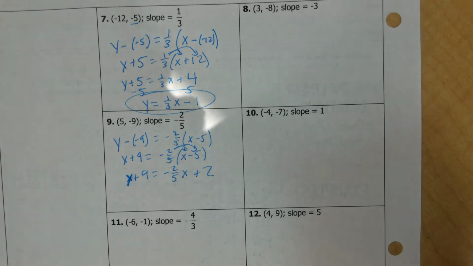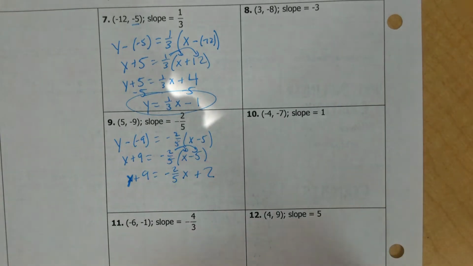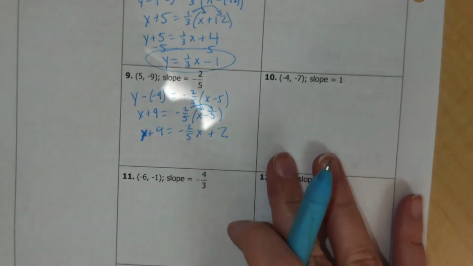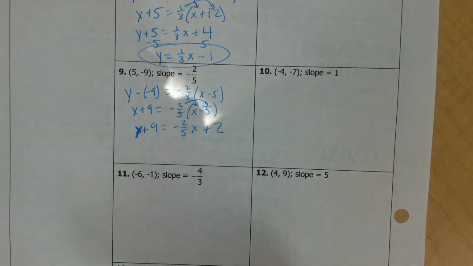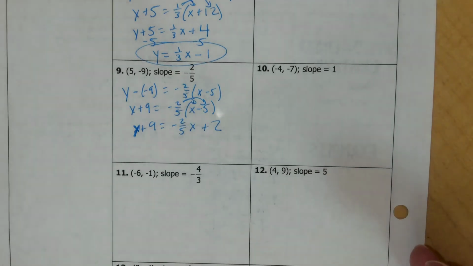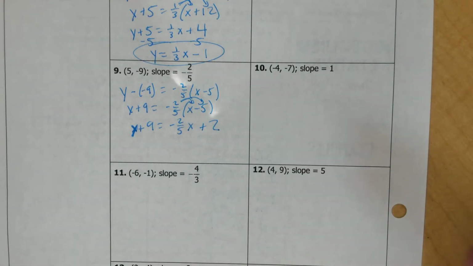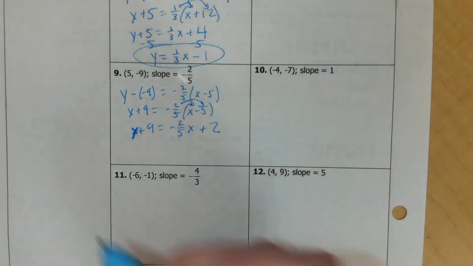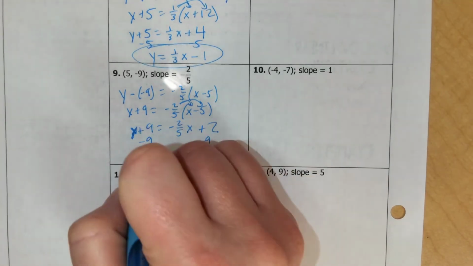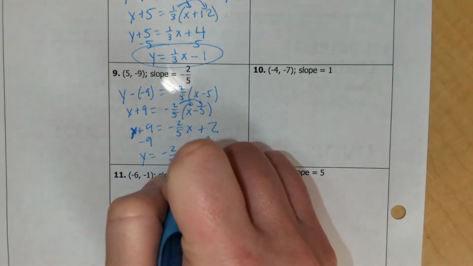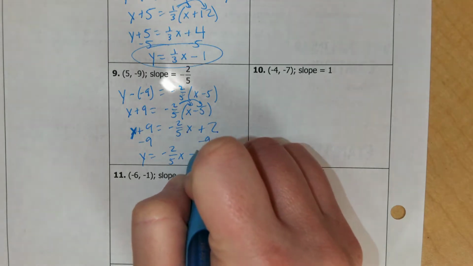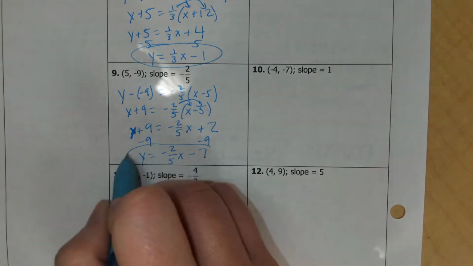That's why it's probably easier to go ahead and just put it into y-intercept or slope-intercept form, because it does take fewer steps, and we know that we can graph straight from the slope-intercept form and get more information out of it than we can in standard form. So I'm going to go ahead and subtract the 9. So y is equal to negative 2/5 x minus 7.